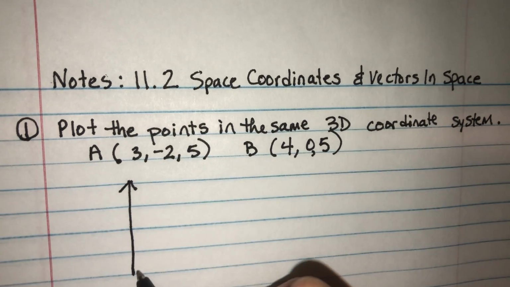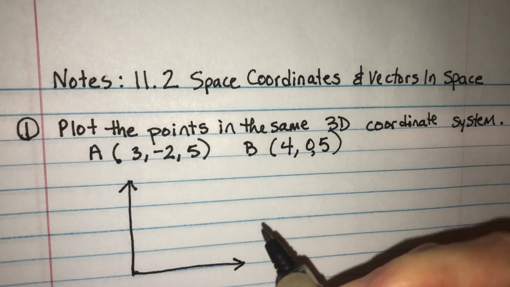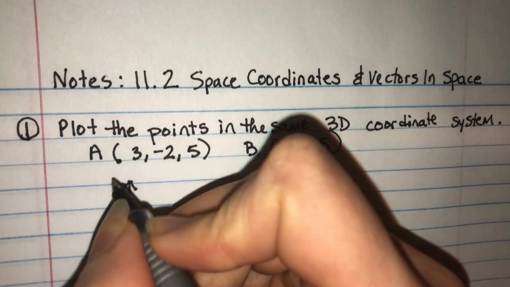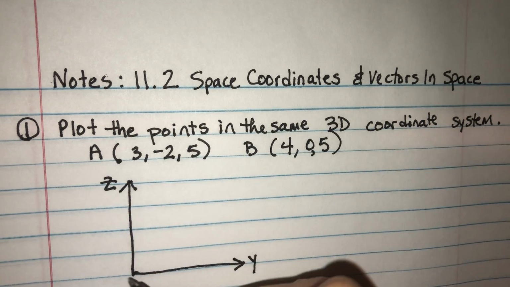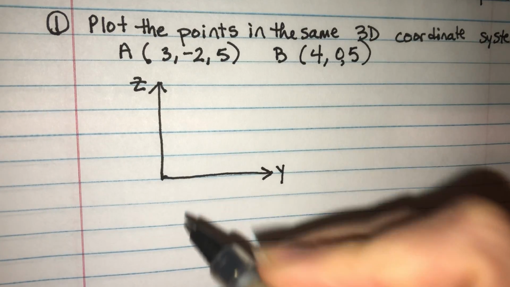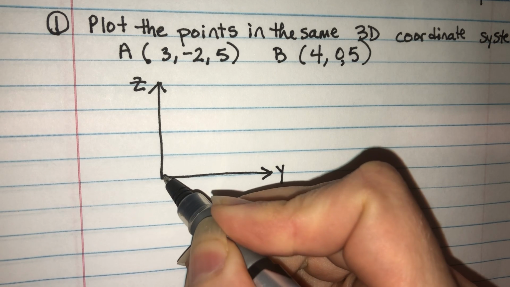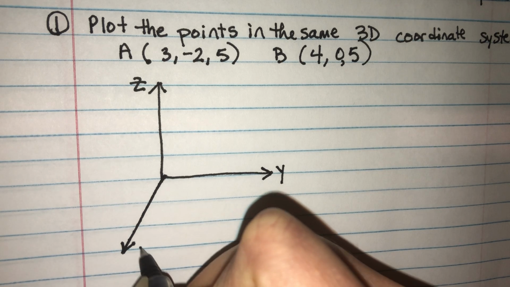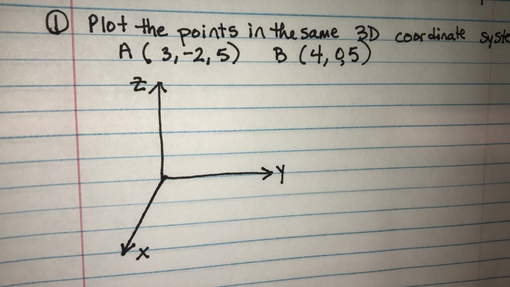We have up and we have sideways. Normally this would be X and Y, but for 3D purposes we're going to have Y be here, Z be going up, and X, the X-axis, is going to come out like it's coming off the page towards you, okay? So now we're in 3D. It's kind of like I've drawn one corner of a cube here, or a box.